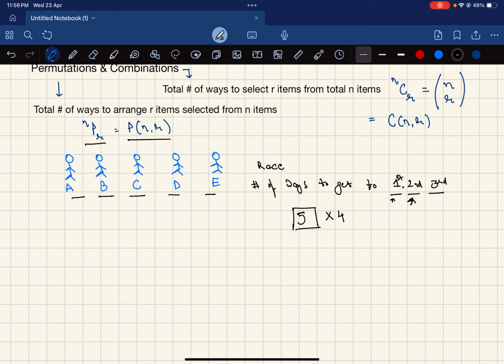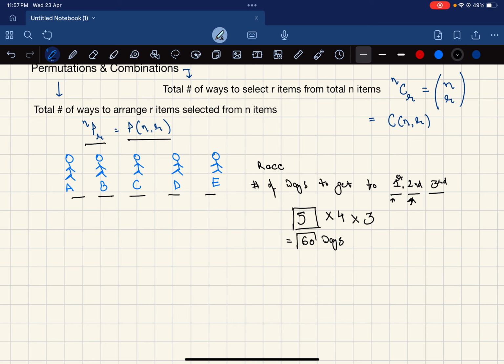And now for the third position, given that 2 people have already been assigned their positions, we are only left with 3 possible people, and therefore the total number of ways here is computed as 3 into 4, 12 into 5, 60. So there are 60 ways.